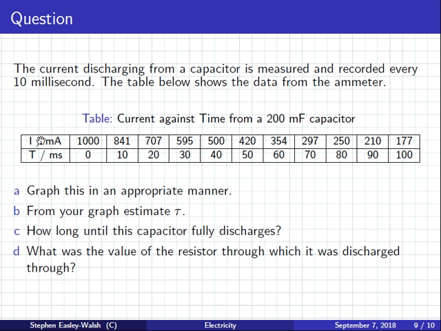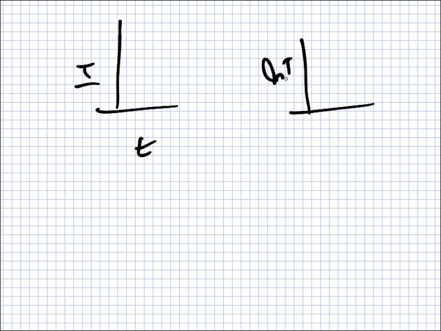Log I. Because when I say appropriate manner, it means use the correct graph. The correct graph is not I and t, but instead log I and t, because it's a straight line. Straight line is better in physics, and also because we can get the tau.